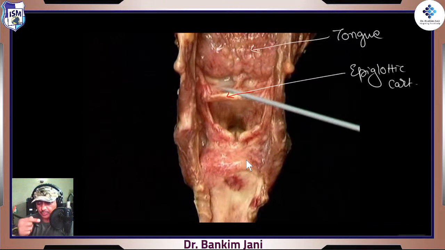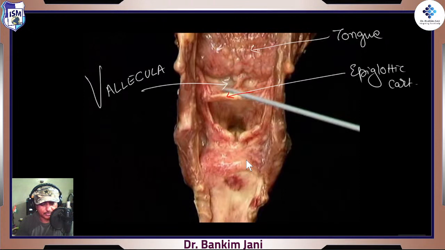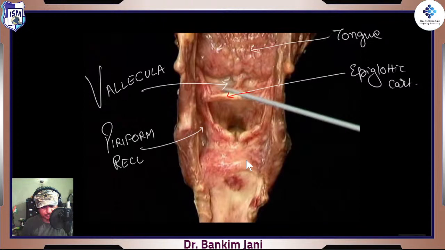So the space between the tongue and the epiglottis is what is called the vallecula. Vallecula. So that was vallecula, and this is the pyriform recess or fossa.